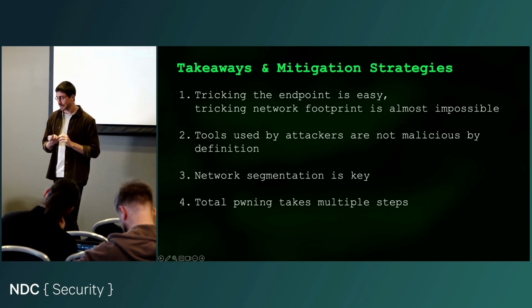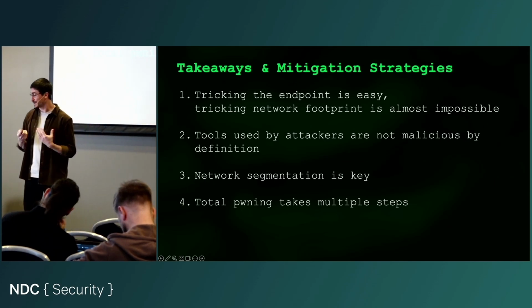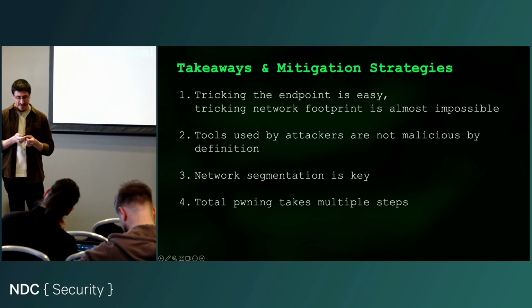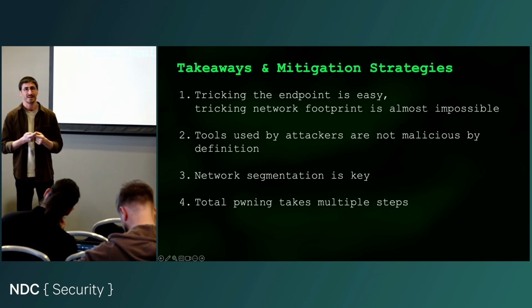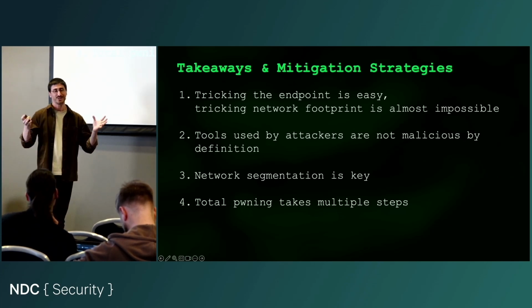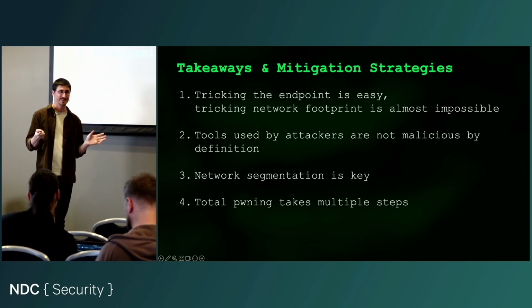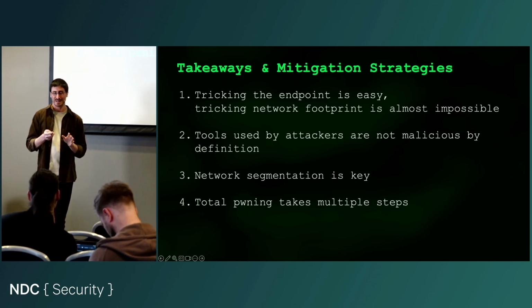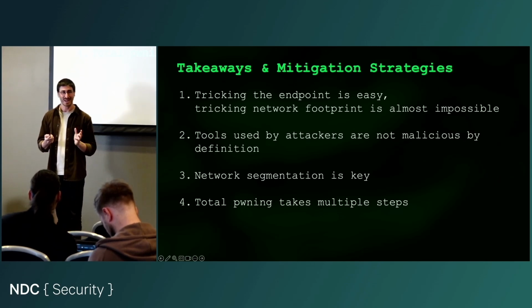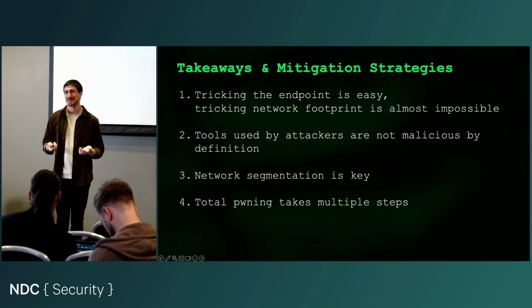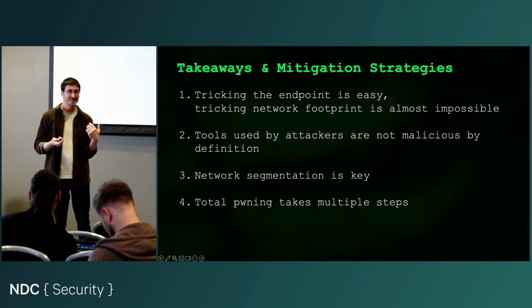And also, and this is the last and most important takeaway, the whole breach takes multiple steps. I know that it's a popular statement that attackers need to be right only once, but defenders need to be right all the time. Have you counted the times that Ingrid had to be right? There were many of them.